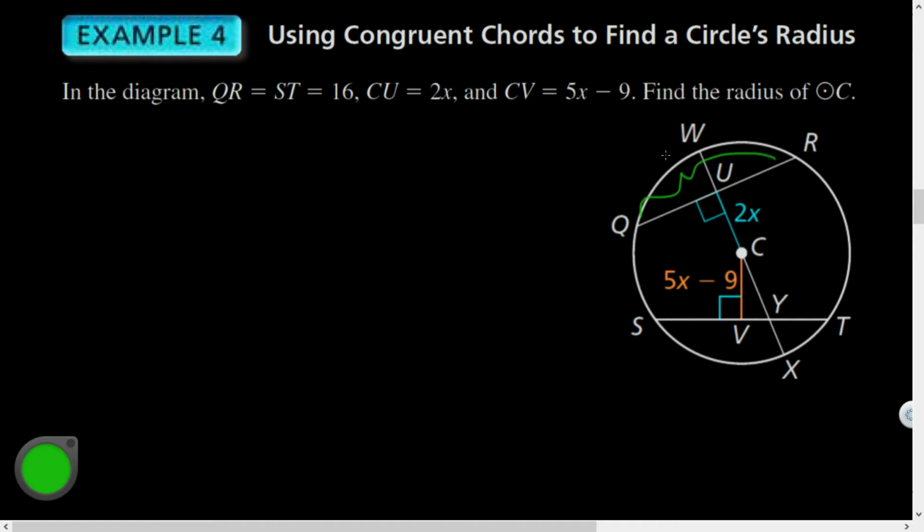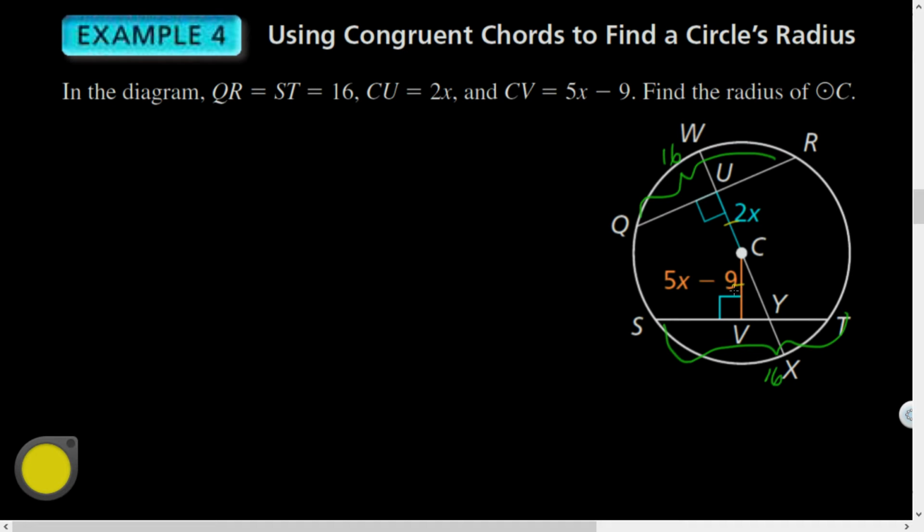So Tyler, this is 16 and this is 16. All right? CU is equal to 2x, already labeled, and CV is equal to 5x minus 9. Labeled as well. It says find the radius of circle C. This one's a good problem. Now, this orange segment and this blue segment, what do you think is going to be true?